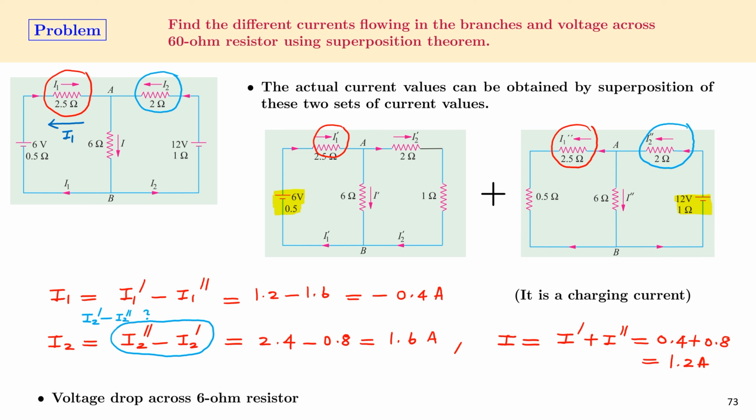The voltage drop across the 6 ohm resistor is given by 6 multiplied by 1.2 amperes, that is equal to 7.2 volt.